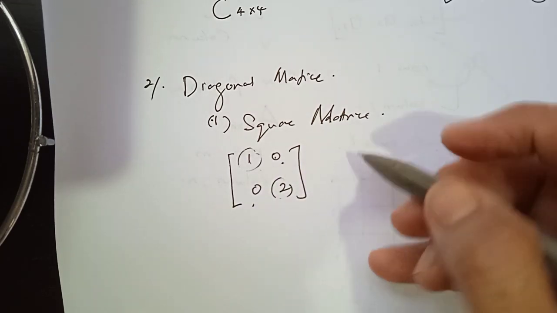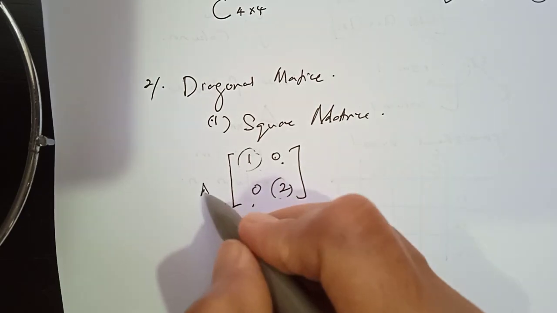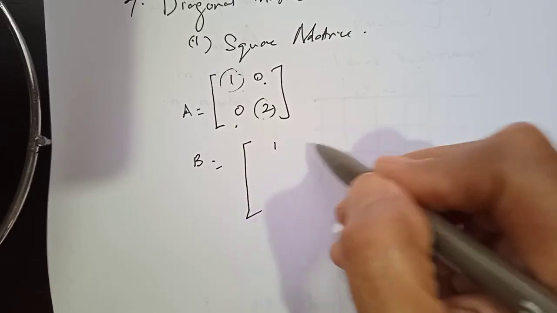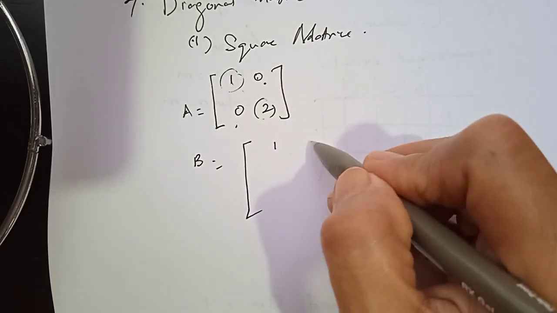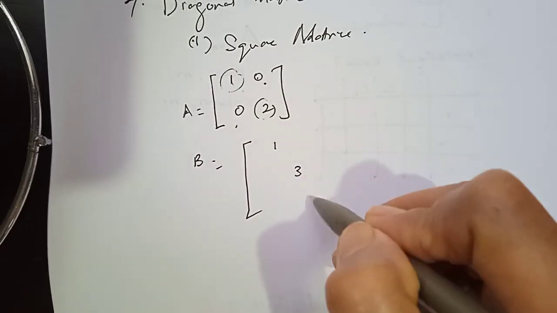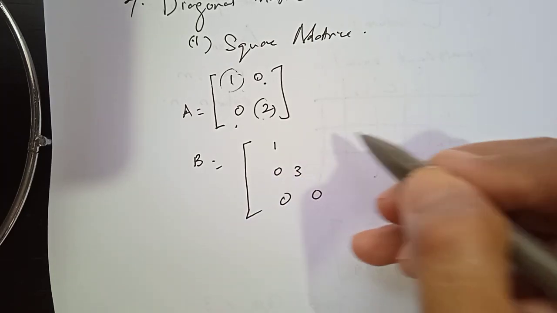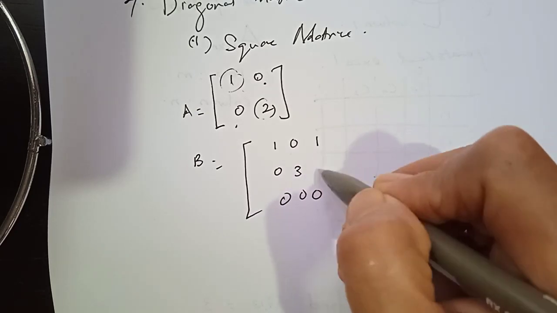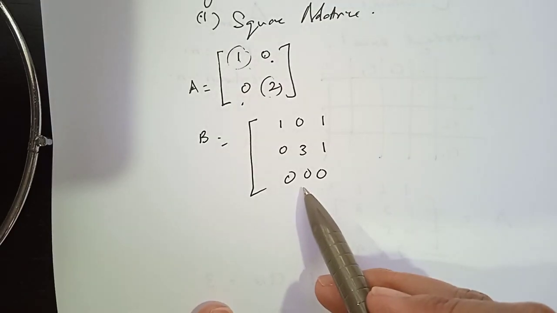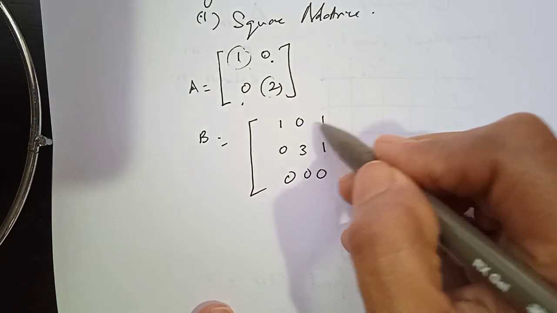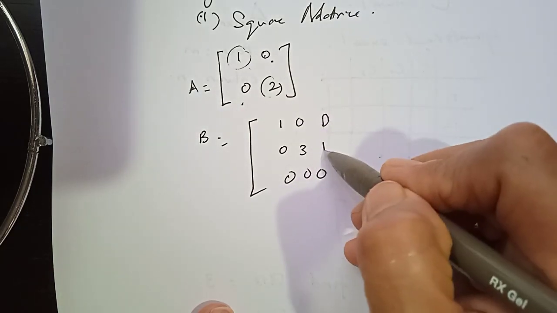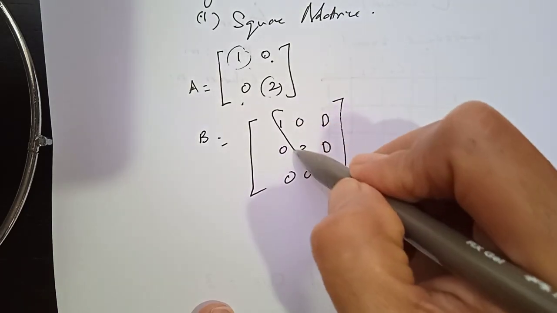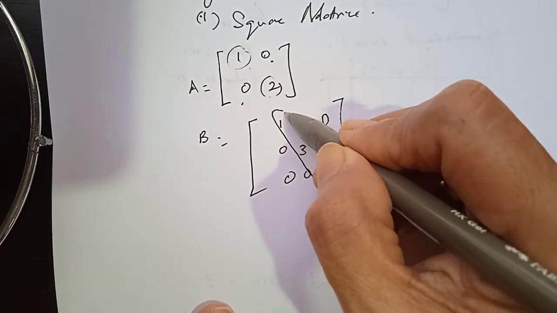Another example. This one should be 0, 0. This one also is considered as a diagonal matrix.